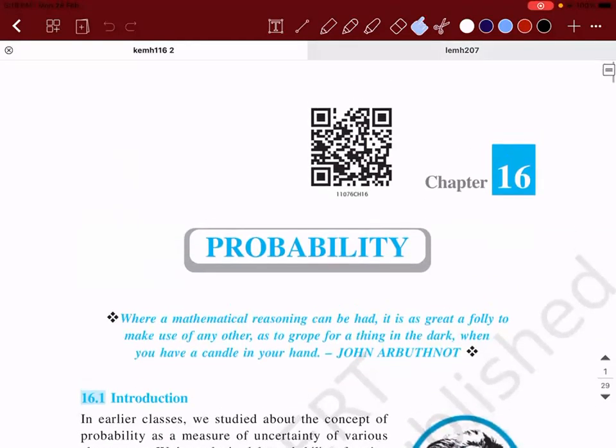So you would have already learned probability in your 11th standard, right? And you're learning the same thing in 12th standard. Can someone tell me what is the difference between what you have learned in your previous year and this year?